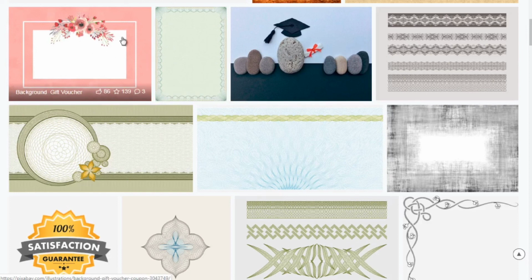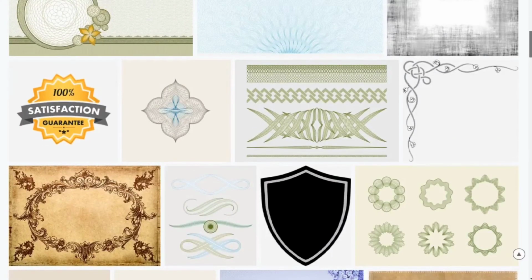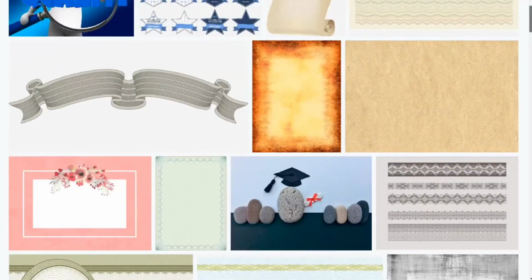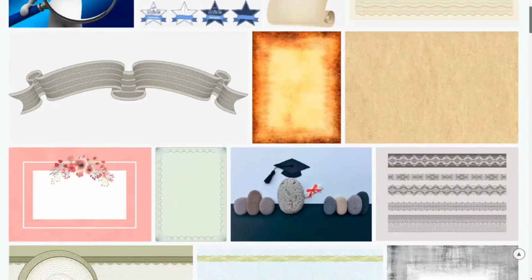So it's okay to have some words, but you do want some bare spots. For example, if you had a certificate with a lot of words like this, that would not work. So all you need to do is simply download one of these.